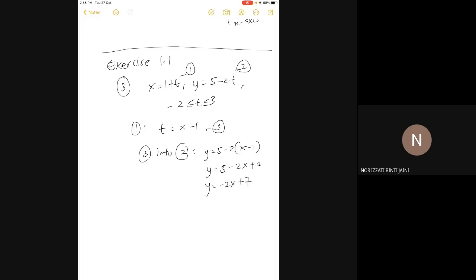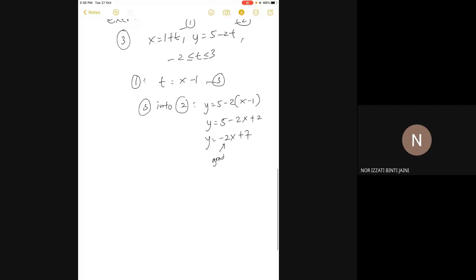Okay, so you akan dapat this one. So again the gradient is negative kan. Gradient negative dia akan turun lah. And then this is y-intercept. Itulah sini 7, so dia akan turun je.